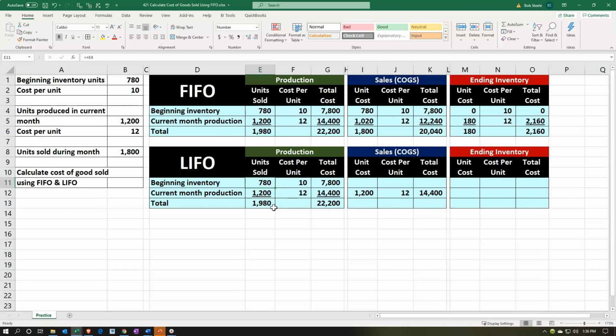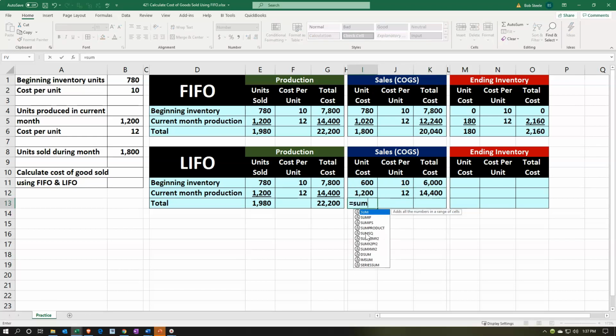If we still make more units, we'll have these layers that'll be on the books, which again is kind of weird, but that's the way it would work, right? So we're going to assume that we didn't sell these, and we're going to say now we sold a total of the 1,800 minus the 1,200. So that means we sold 600 of the 780 in the first layer, the primary layer, at the $10. So if we multiply this out, the 600 times the 10, there we have that.